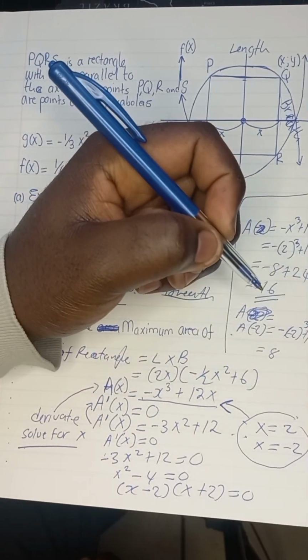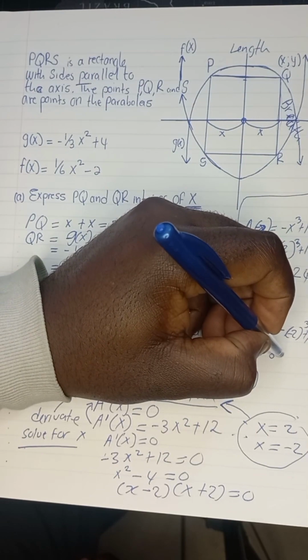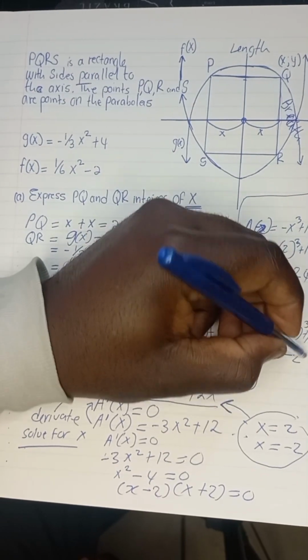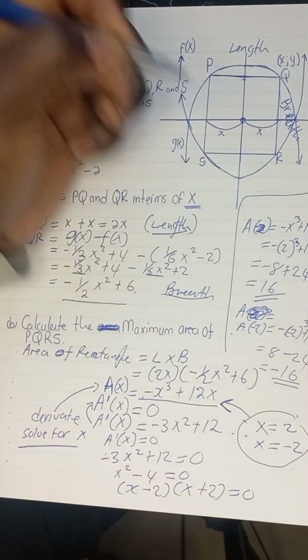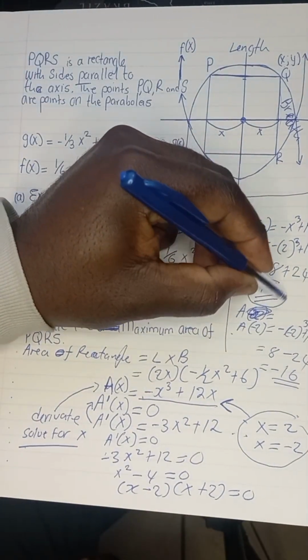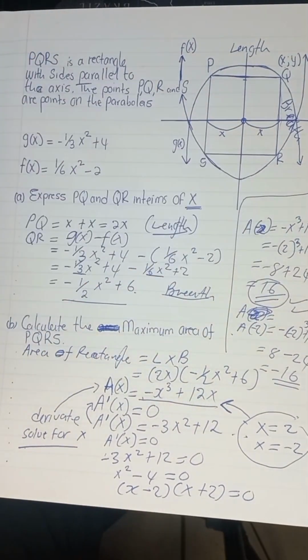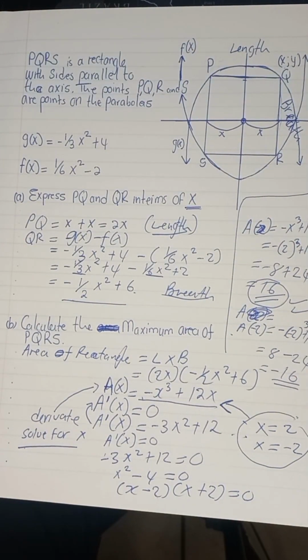So that just shows you that the maximum area of this rectangle is just 16. So that's it. That's your maximum area. And then I'm done.